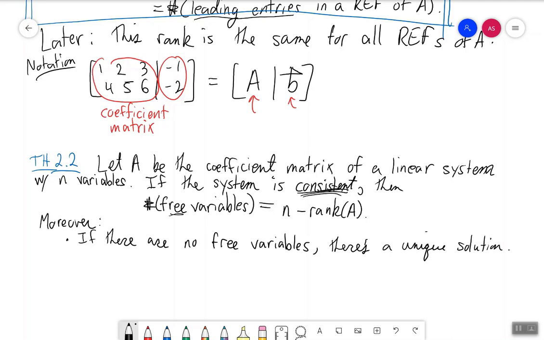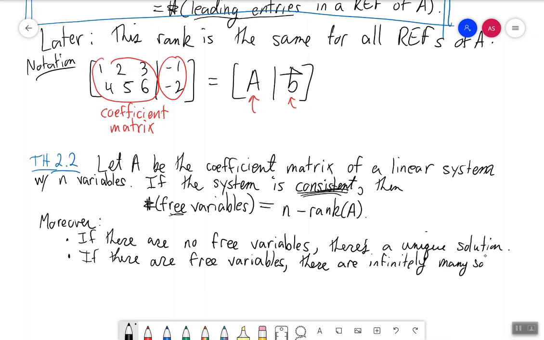It's just the fact that when we write out the solution, if there's no free variables, then we have no parameters. On the other hand, if there are free variables, there are infinitely many solutions. Again, both of these are within the context of being consistent.